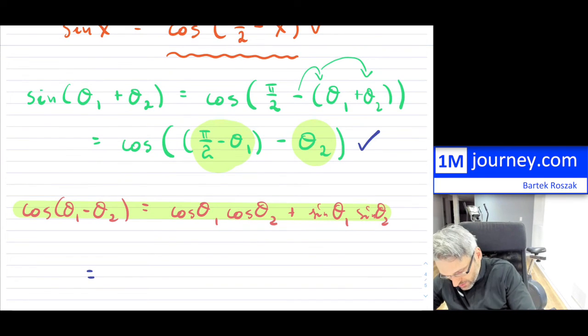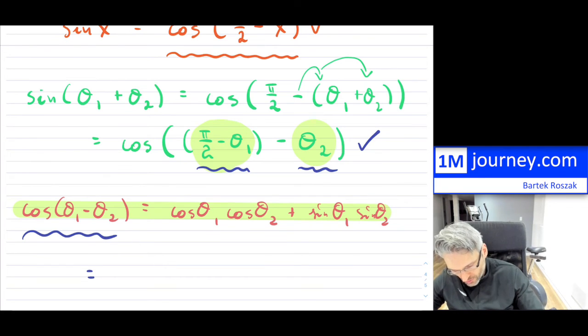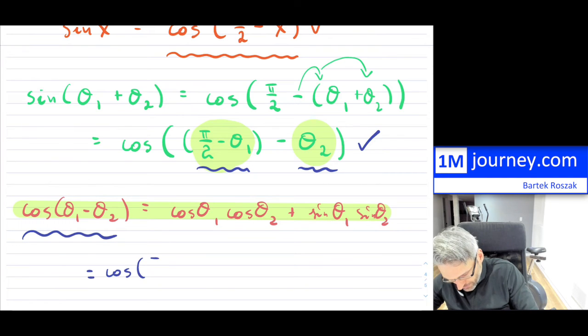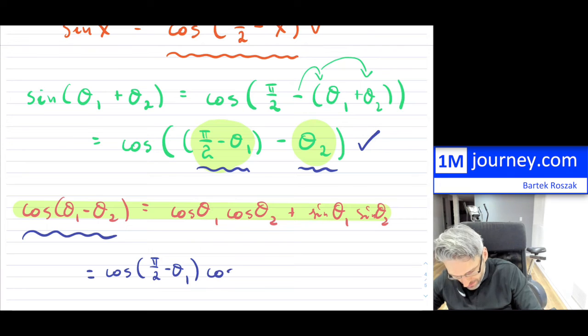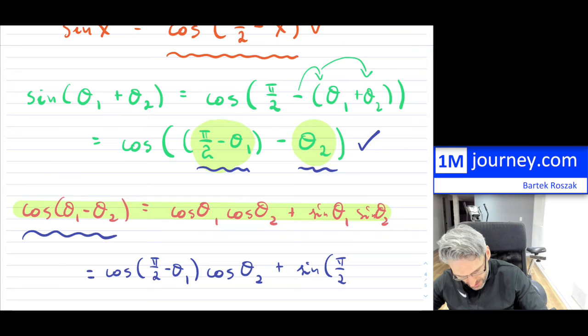This is my angle 1, this is my angle 2. So this is going to be cos of 90 degrees minus theta 1 multiplied by cos of theta 2, plus sine of 90 degrees minus theta 1, and then sine of theta 2.